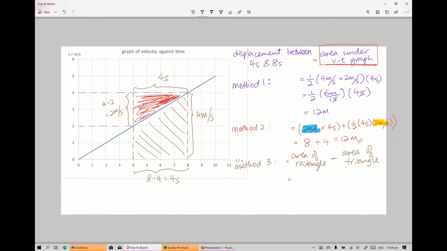Area of rectangle is 4 times 4. This 4 is taken from here, the other 4 is taken from here. Minus area of triangle, half base times height.